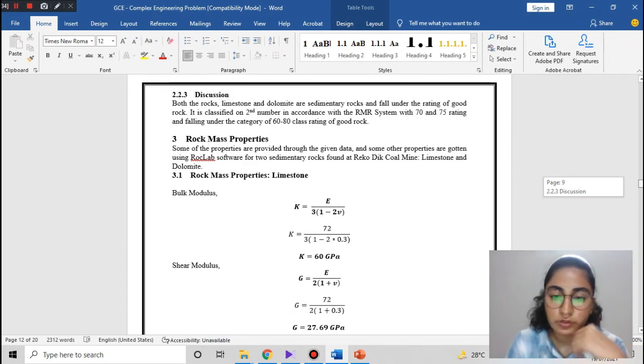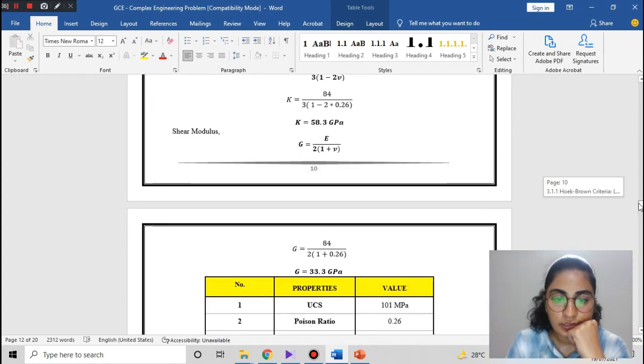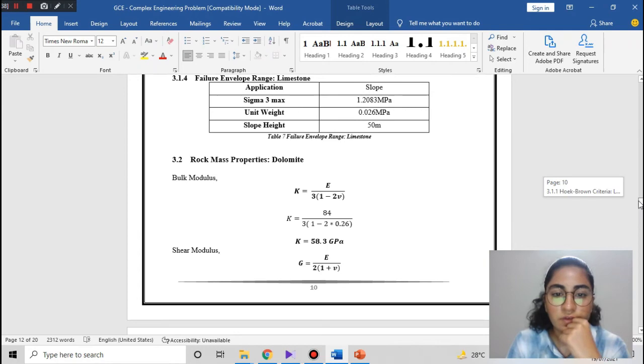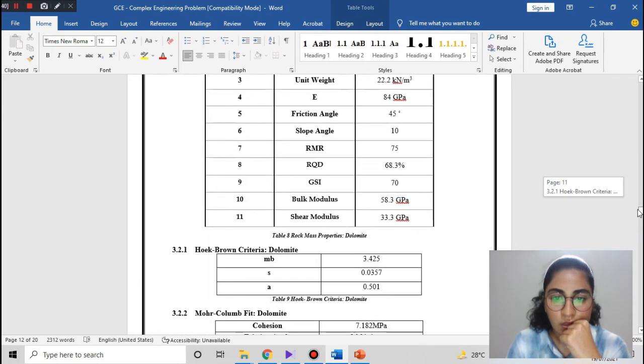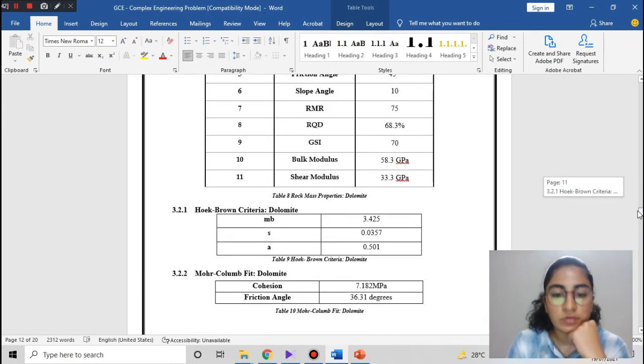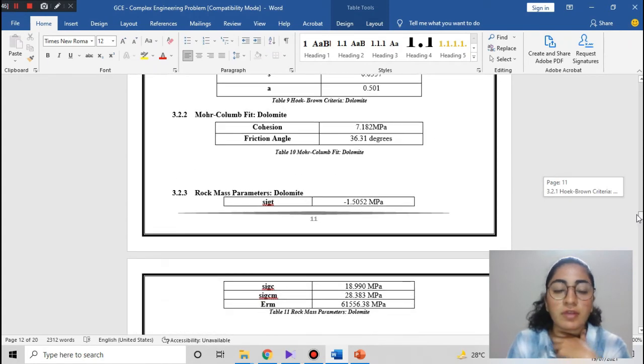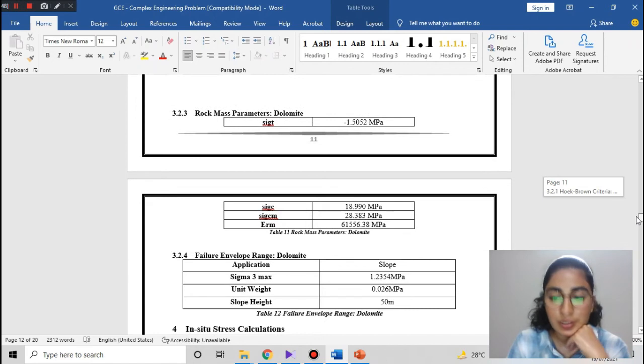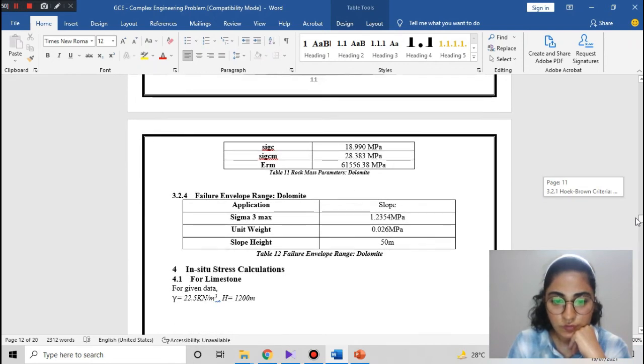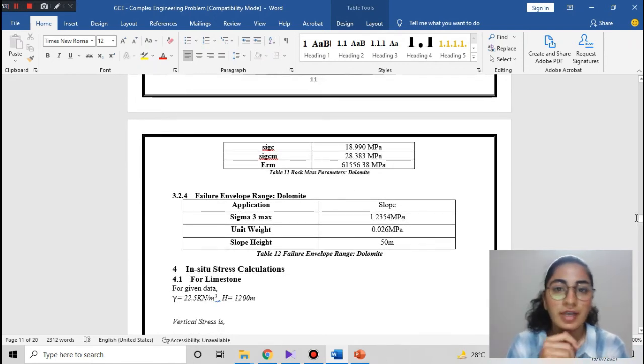You can see on the screen all the values listed, including the Hoek-Brown criteria and Mohr-Coulomb with rock mass parameters for dolomite. So that's it from my side. Thank you very much for giving me the opportunity to cover this project.